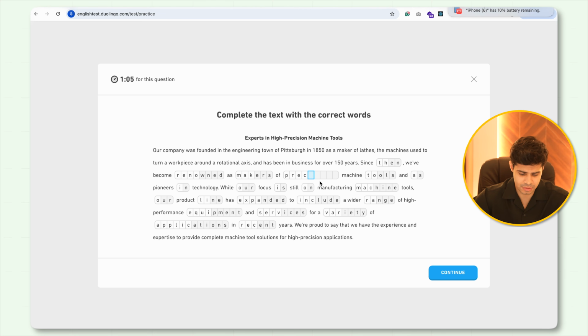It should be precise, but then precise cannot be spelled with a C like here. It should be, I don't know, it just doesn't make sense to me. Precious doesn't work out as well. What else can it be? Precarious? Nah, that's not working out either. Don't have that, and secondly, that would be counterintuitive. We don't look for that word.